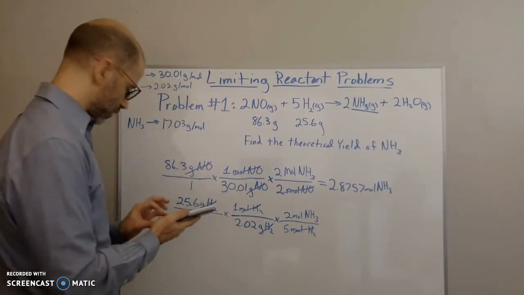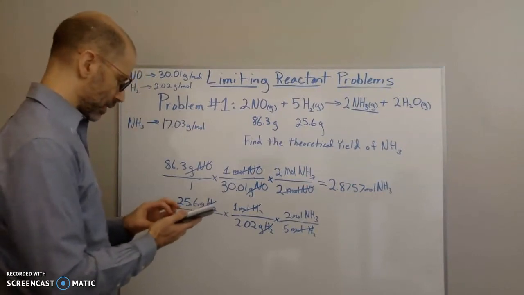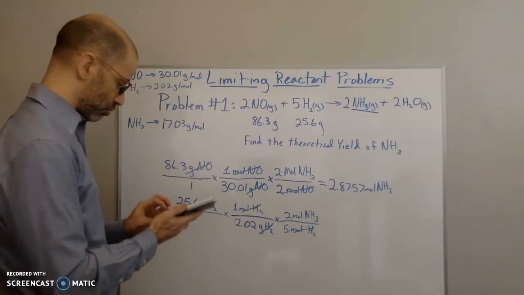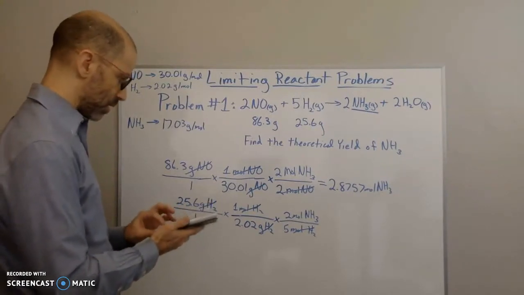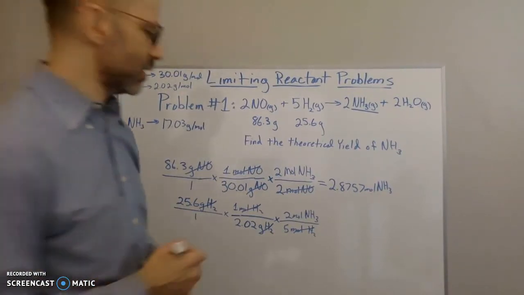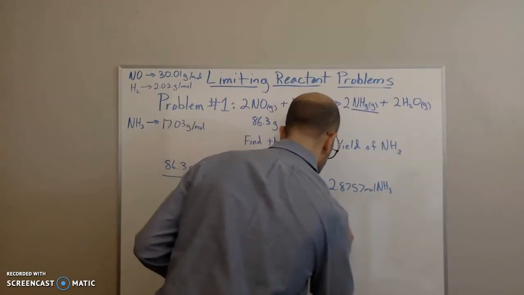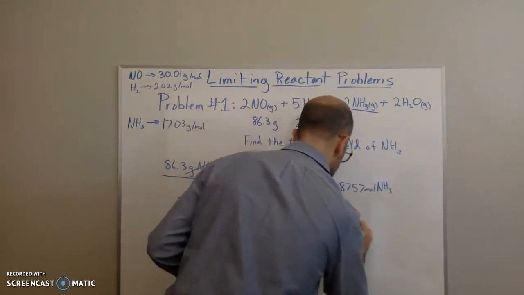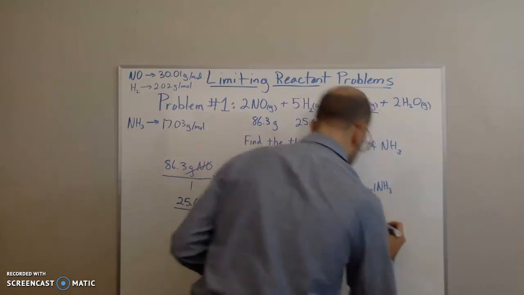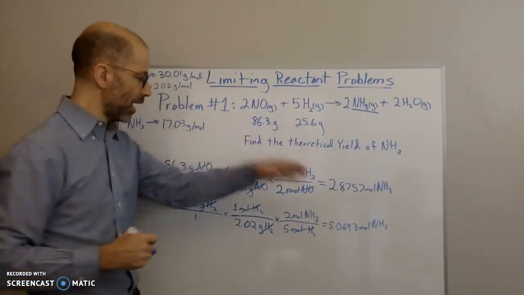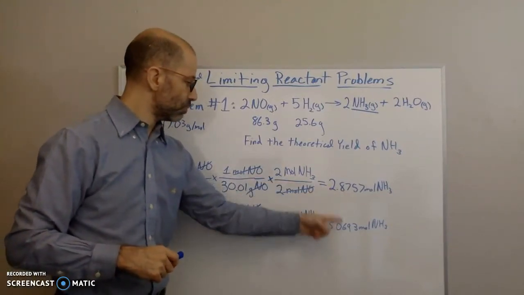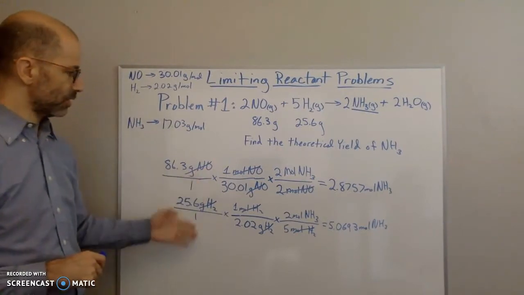I have 25.6 times 2 divided by 2.02 divided by 5 equals, and there I get 5.0693 moles of NH3. So now I can compare the amounts of NH3 produced by each of my reactants.